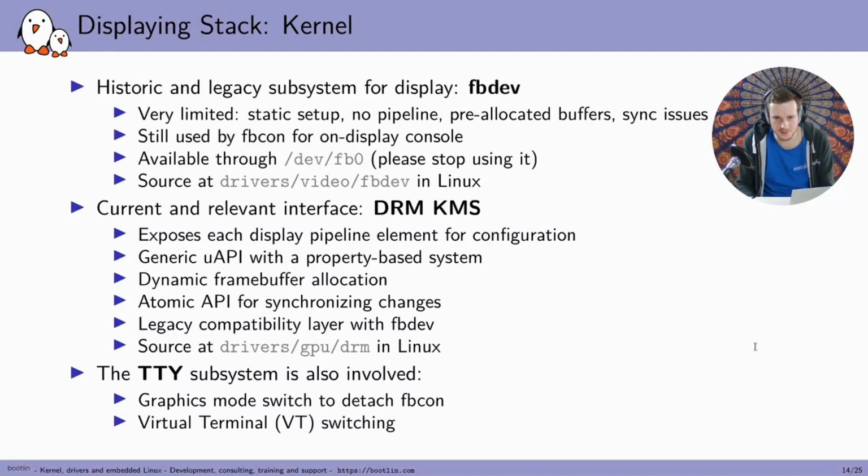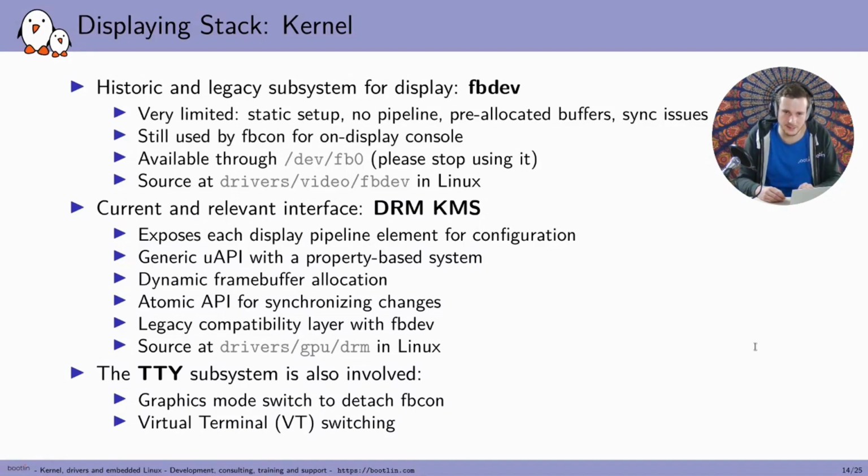But now we have a more advanced and more relevant interface for today's hardware, which is called DRM KMS. So DRM is the Direct Rendering Manager, and KMS stands for Kernel Mode Setting. So DRM KMS is basically the part of DRM that deals with display. KMS is much more advanced than FBDev because you can configure each element of the pipeline separately. You have lots of flexibility in terms of how you connect things together and so on.